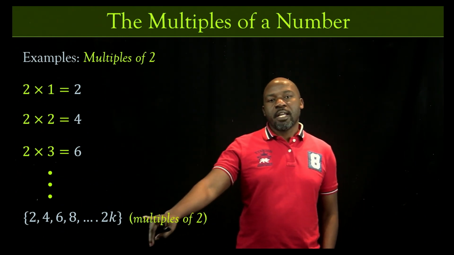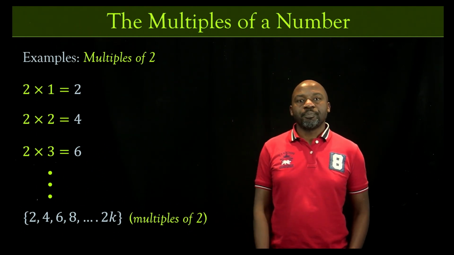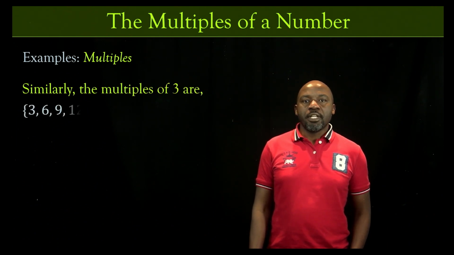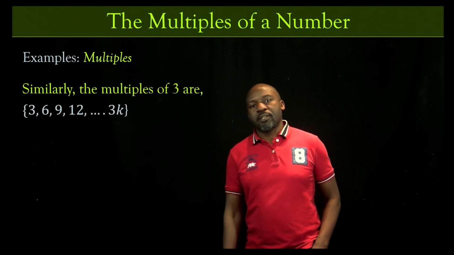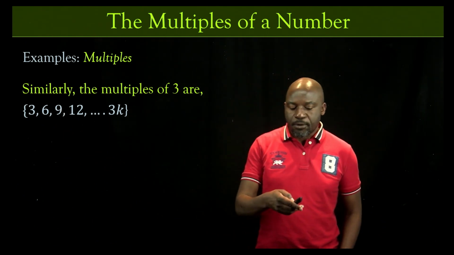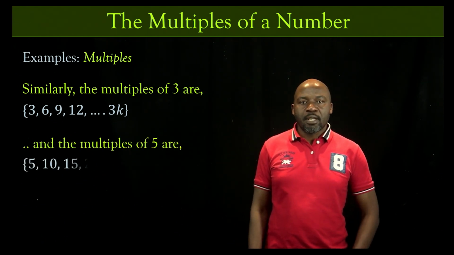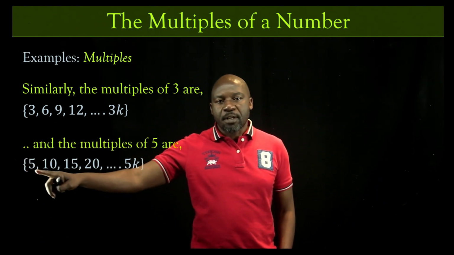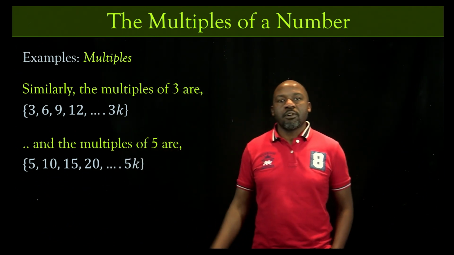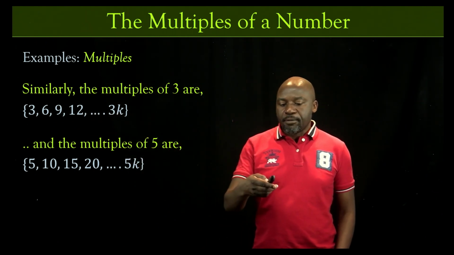Every time we multiply the integers by 2, we end up with the multiples of 2. Similarly, the multiples of 3 can be expressed as 3, 6, because 3 times 1, 3 times 2, 3 times 3, and so on. And the multiples of 5 can also be expressed in the same way: 5 times 1, 5 times 2, 5 times 3, and so on. So these are called the multiples of 3 and the multiples of 5.